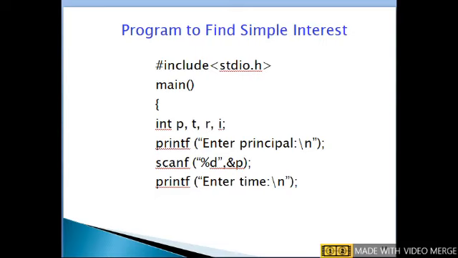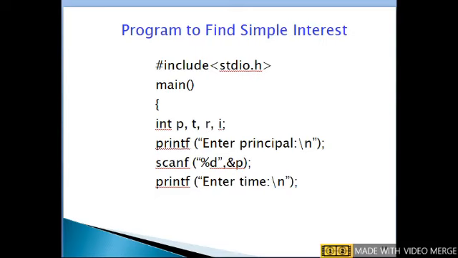To find simple interest, here is a program. Hash include stdio.h to include the standard input output library files. Then the main function. This is the beginning of the C program. Every C program must have one main function, with curly braces.